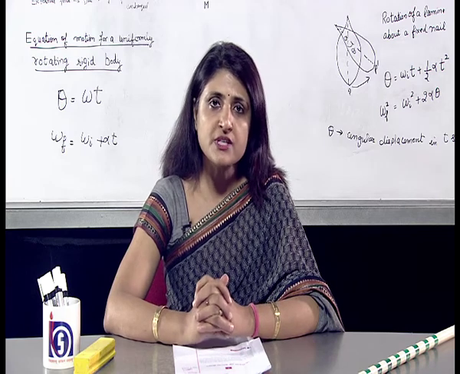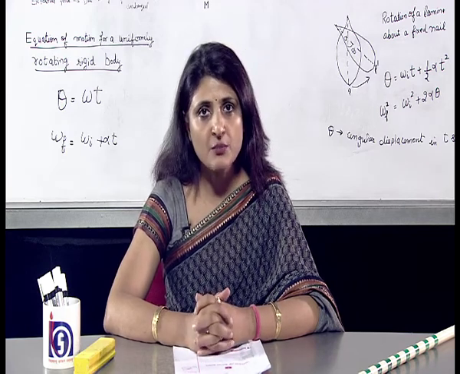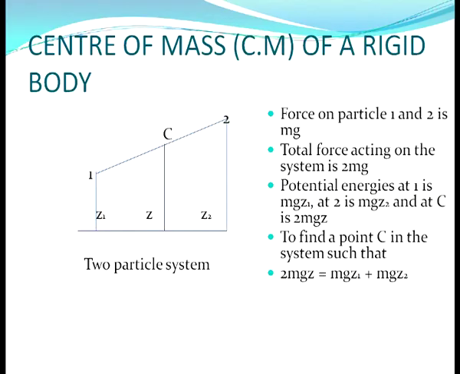Now, when we have discussed the rigid body and the point mass, let us talk about the center of mass of a rigid body. Consider a two particle system, that is 1 and 2. Particle 1 is at height z1 while particle 2 is at height z2. There is a point C which is midway between the two and it is at height z.